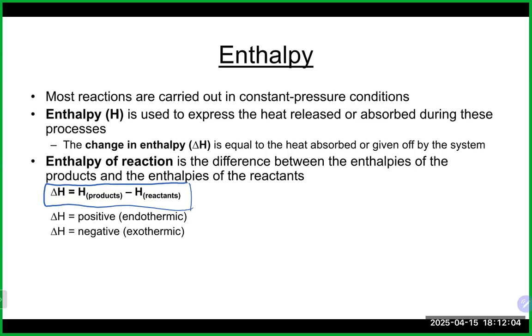Really, the number doesn't matter all that much in terms of exothermic or endothermic. What does matter is the sign. If you see a negative sign for delta H, you know it's exothermic, and if you see a positive sign, you know that it is endothermic.